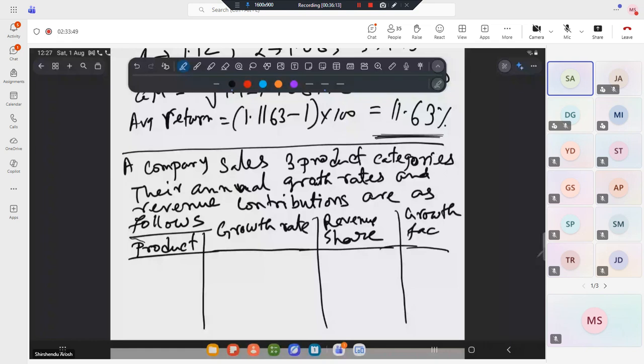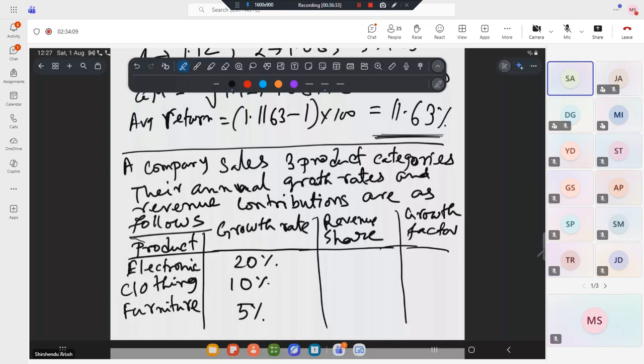As I told you, we do not deal with the percentage, that's why I need that. So write electronics, clothing, furniture, with percentages such as 20%, 5%.